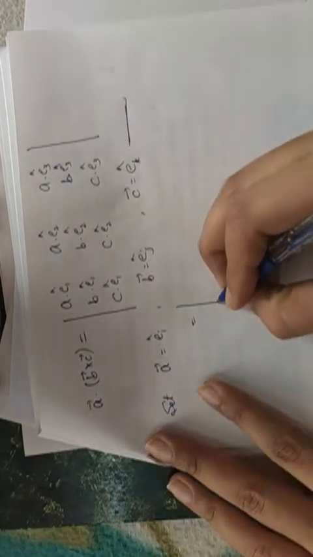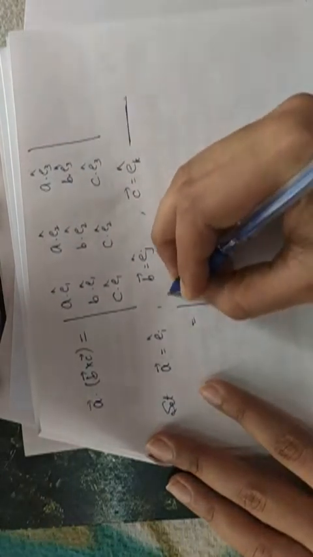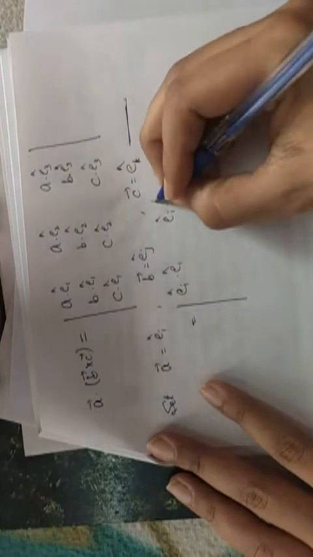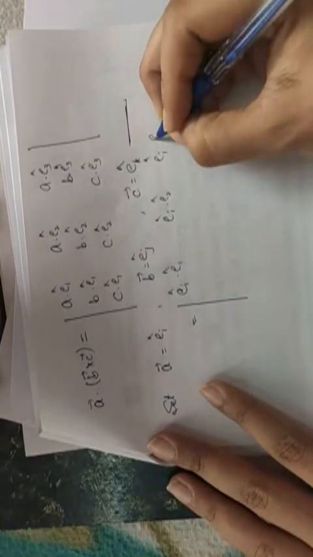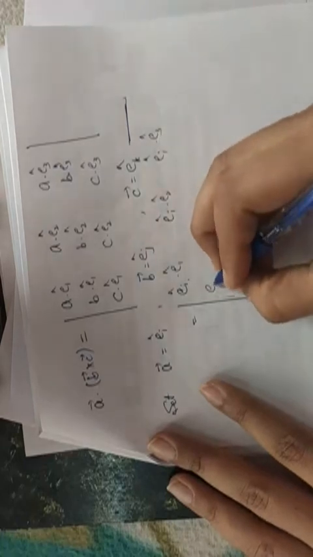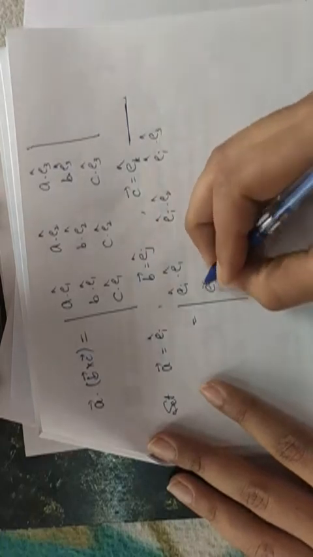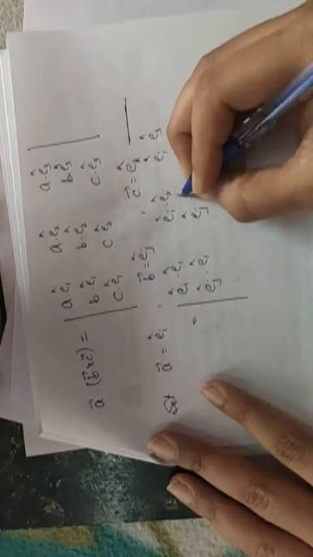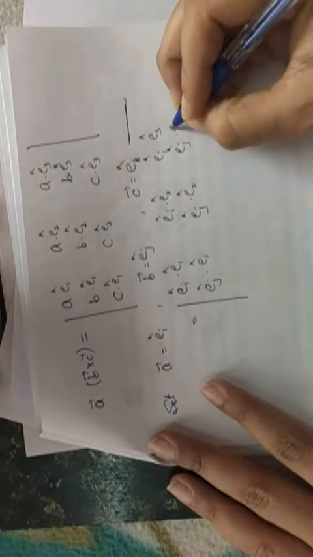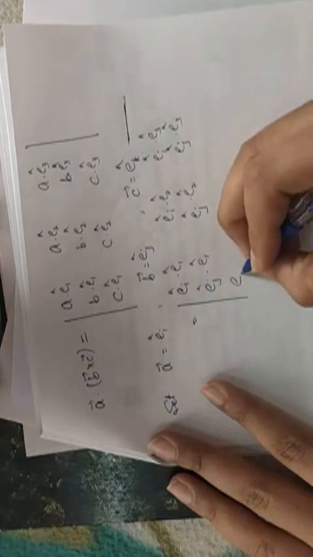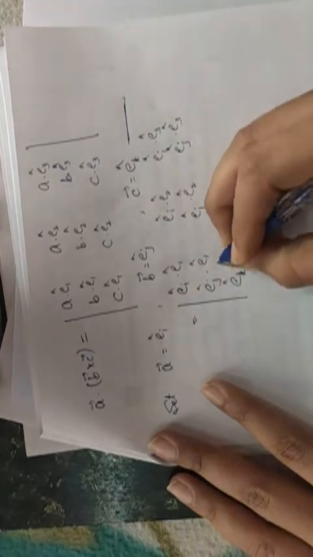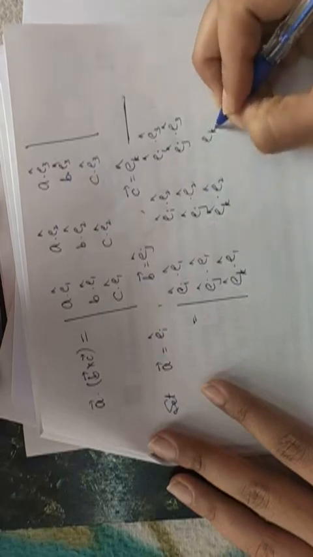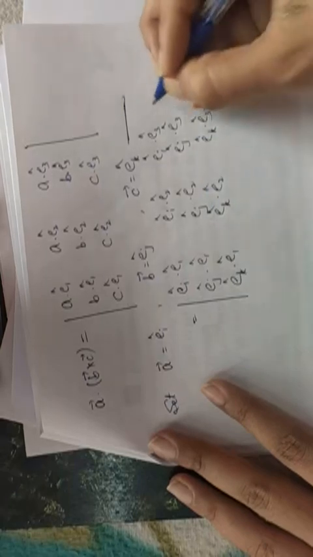So the determinant became ei cap dot e1 cap, ei cap dot e2 cap, ei cap dot e3 cap, ej cap dot e1 cap, ej cap dot e2 cap, ej cap dot e3 cap. Similarly, ek cap dot e1 cap, ek cap dot e2 cap, ek cap dot e3 cap.